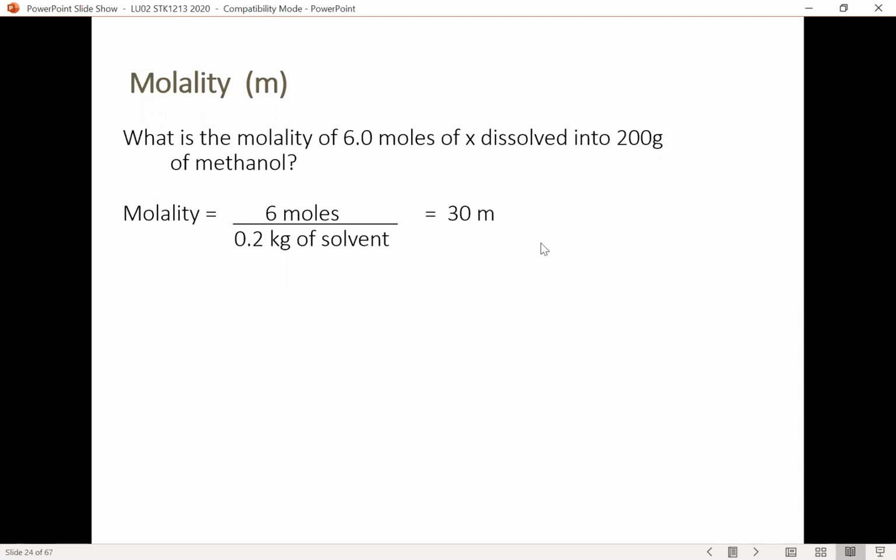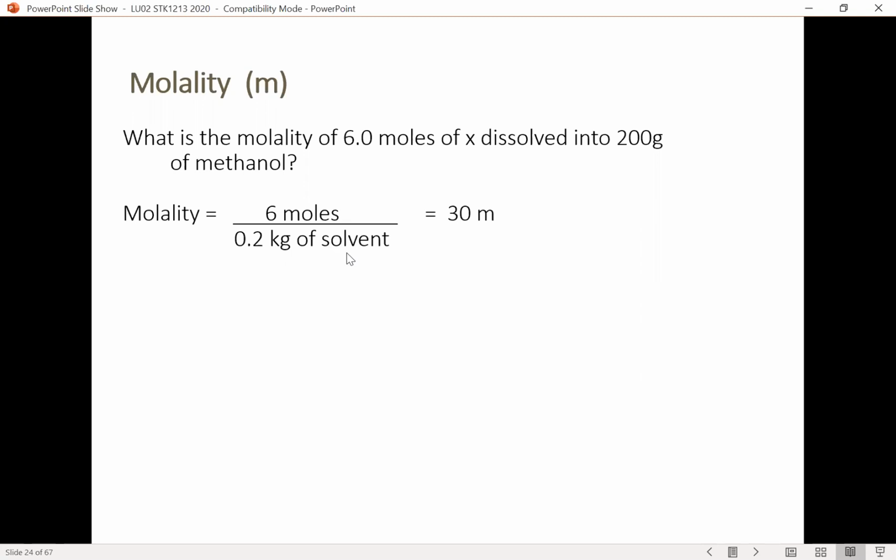Here is one example. What is the molality of 6 moles of substance X dissolved into 200 grams of methanol? The solvent here is methanol and substance X is the solute. Referring back to the definition, molality is moles of solute over kilograms of solvent.